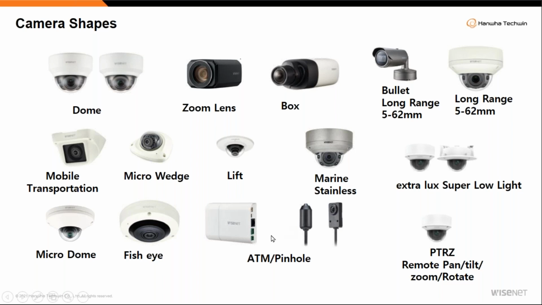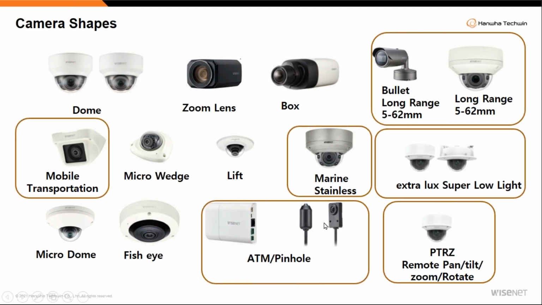Then today, earlier we saw fisheye cameras. They are mounted on the ceiling, they give you 360 view. Then you have pinhole cameras. These are hidden cameras where you will install inside the ATM machine to look at the user to capture if there is an incident, whether, sometimes they say we didn't take the cash, we didn't get the cash from the machine. So all this is recorded by the ATM cameras.